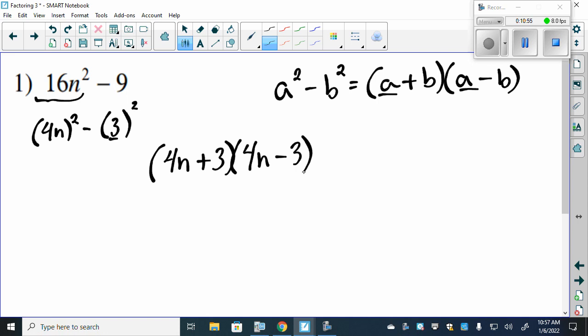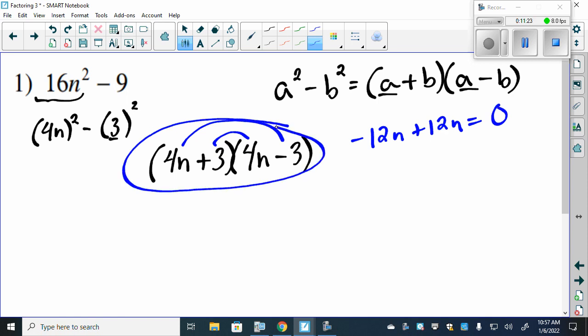Questions on this here? And if we wanted to, we could check to see if this does work. 4n times negative 3 is negative 12n. 3 times 4n is plus 12n, which gives us 0. Exactly what we wanted. So 4n plus 3 times 4n minus 3 is this factored.